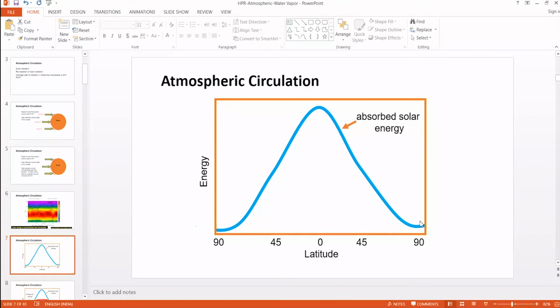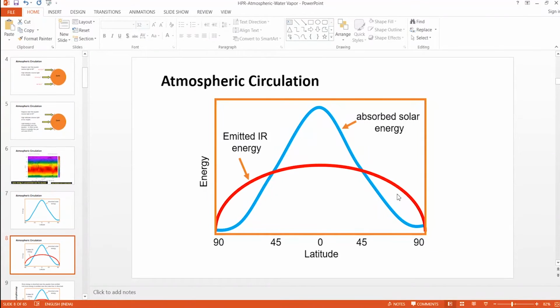As we move from the equator to the poles, there is a decrease in observable solar energy. And this is the emitted solar energy back to space. This emitted energy is a function of the earth's temperature.